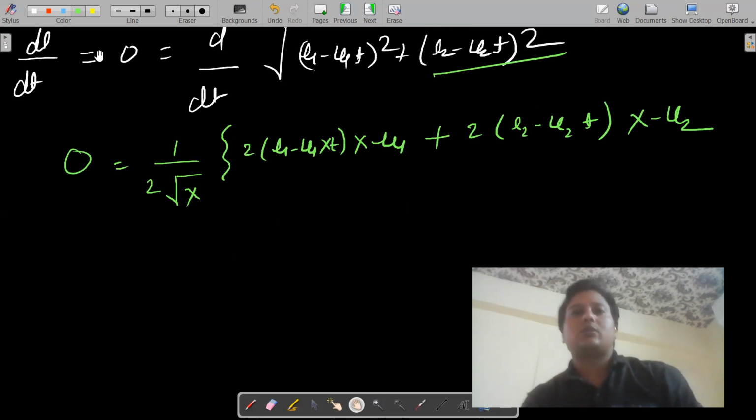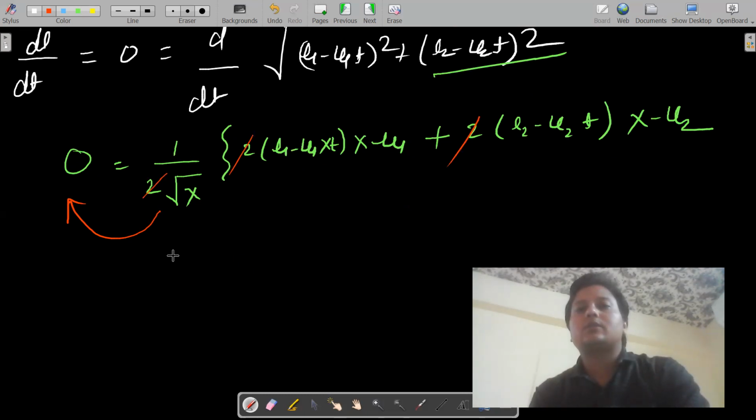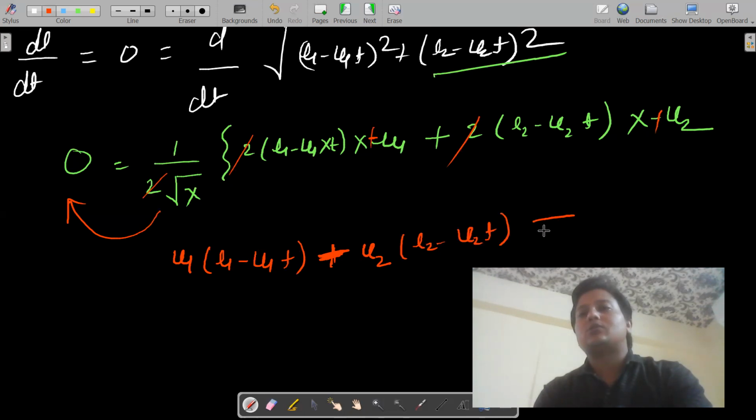So what will the required answer be? The 2 is common and cancels, and the negative signs also cancel. So the final expression is u1 (L1 minus u1t) plus u2 (L2 minus u2t) equals 0.